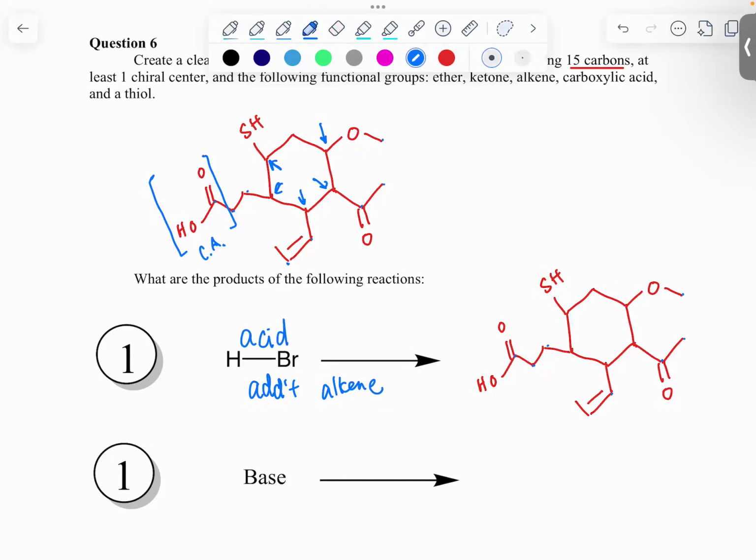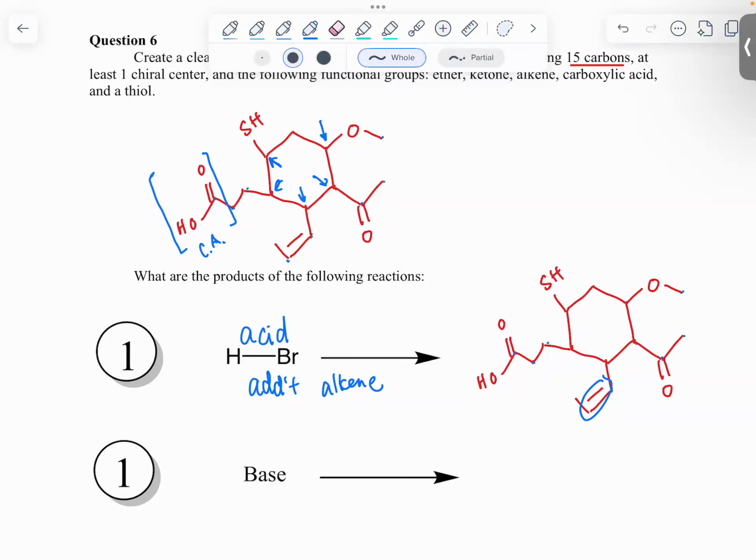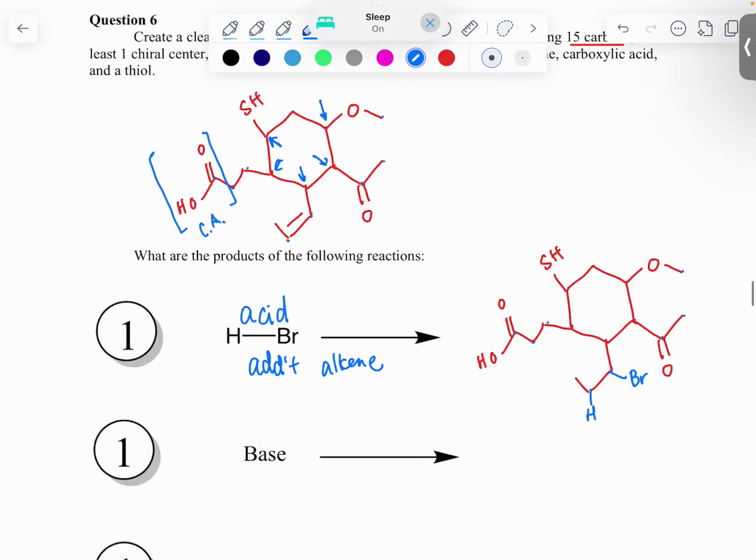And so we will have this alkene here. We can do an addition to it, and we end up with bromine on one side and the proton on the other.